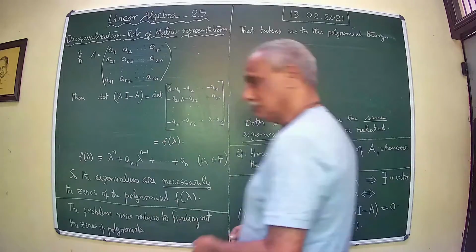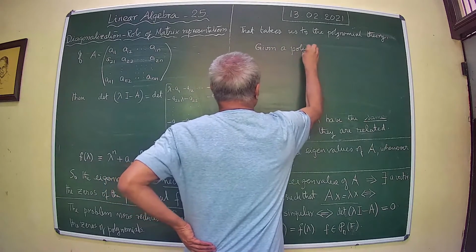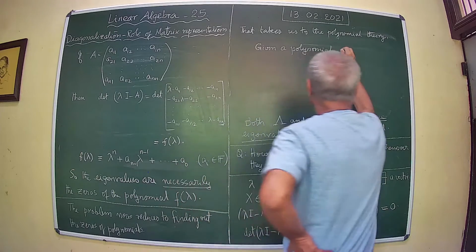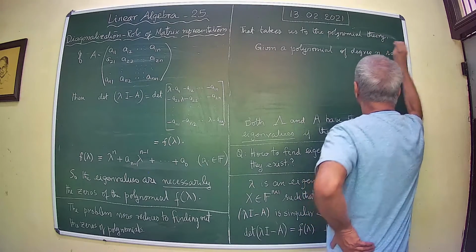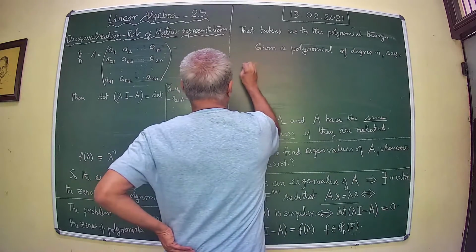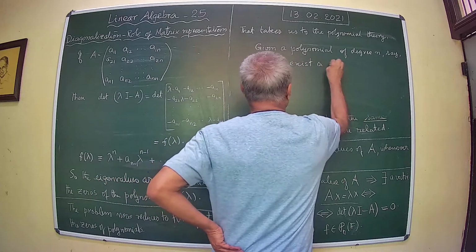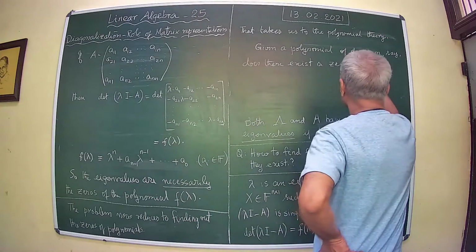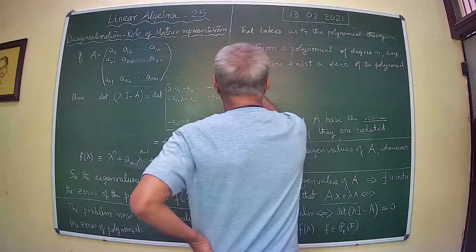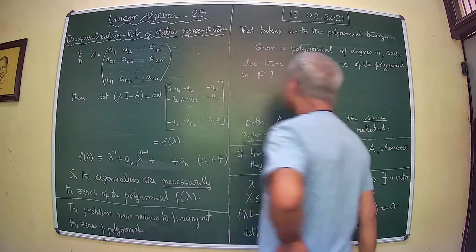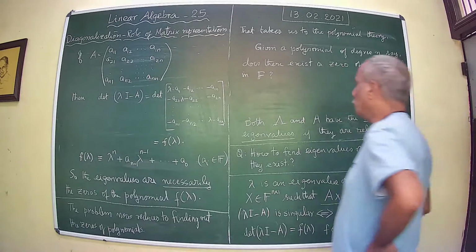So given a polynomial of degree n, does it have a zero? How many such zeros?